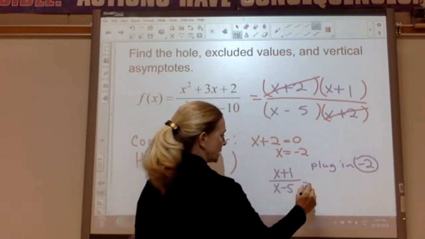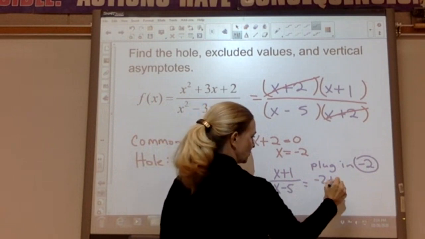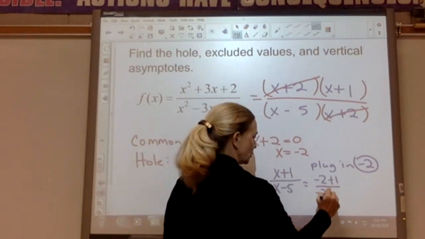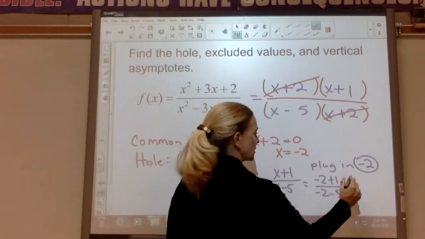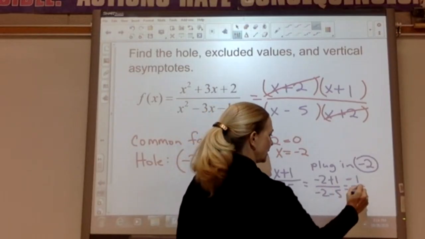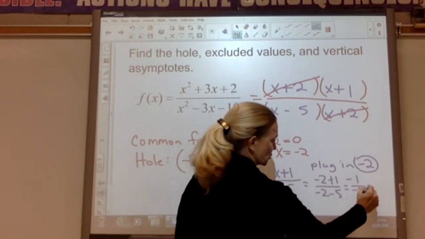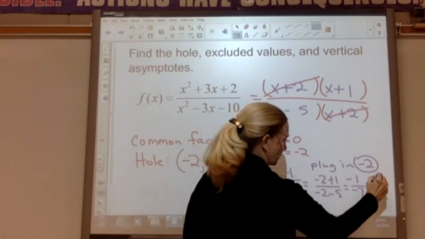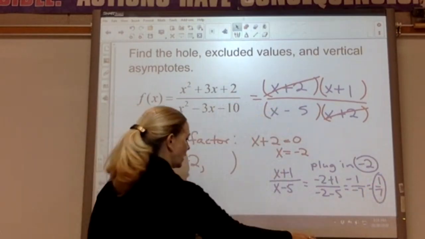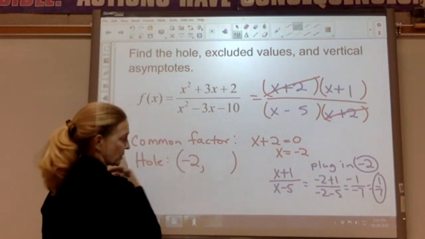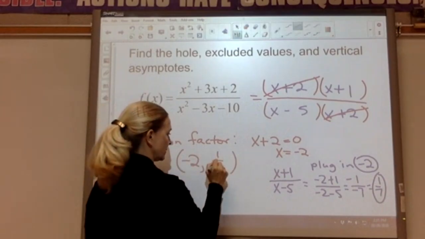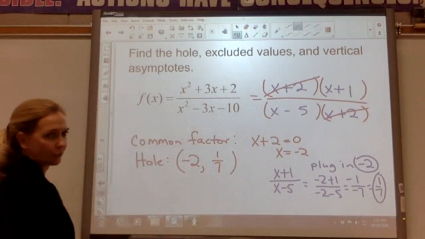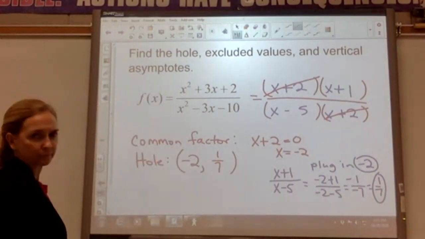Okay, so this is going to give me -2 plus 1 over -2 minus 5, that's just 1/7. And that would be my hole. So that would be the y value. So the hole occurs at -2, 1/7. So at that point on the graph, I would have an open circle for a hole.